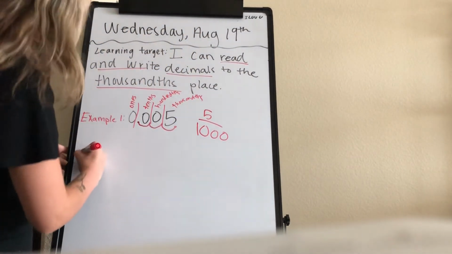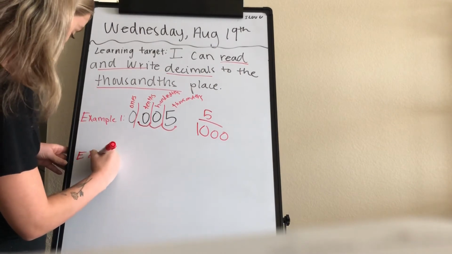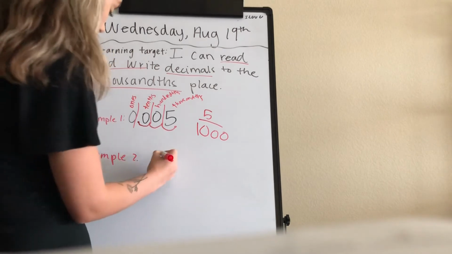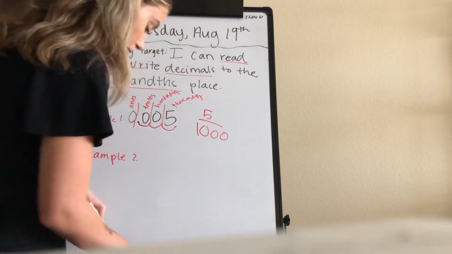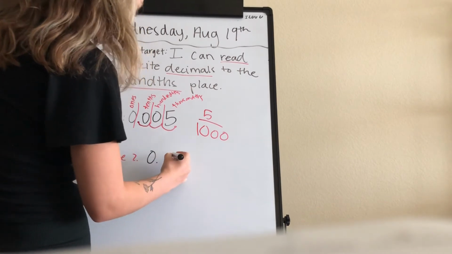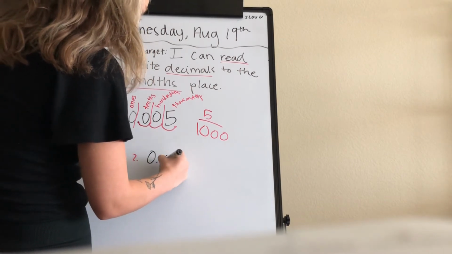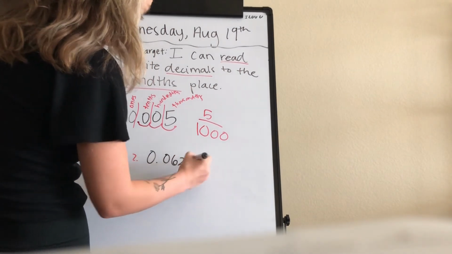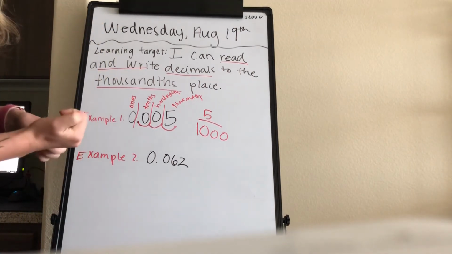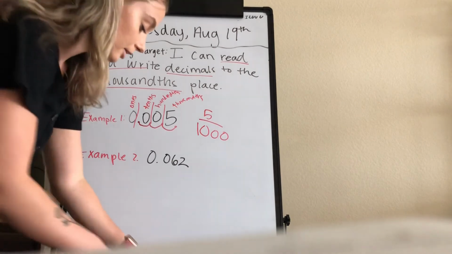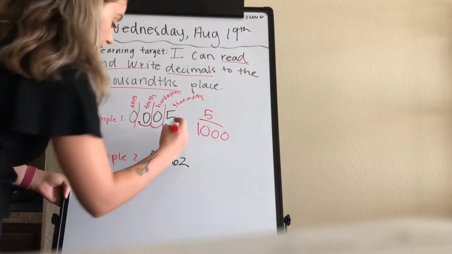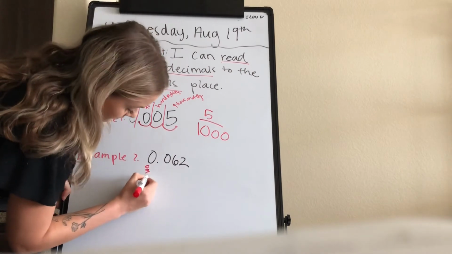All right, example 2. Let's do 0.062. All right, now we have 2 numbers. Let's divide it up into place value again. So here we have our ones place.